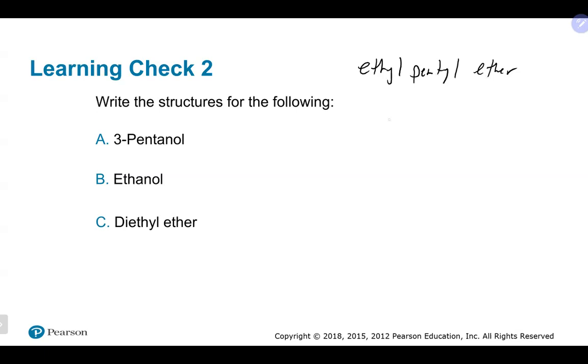Let's do ethyl ether. Oh, it's right there. Don't do that one twice. Let's not do that. Okay, let's take a look, see how we're doing.